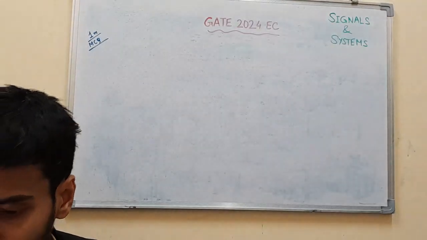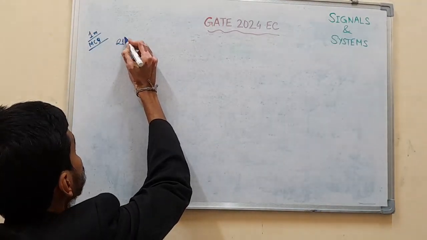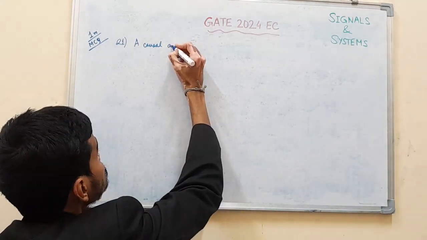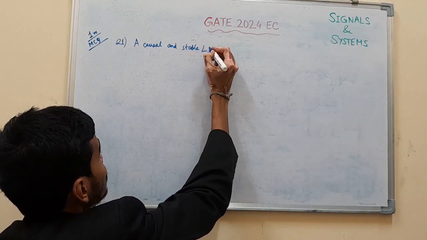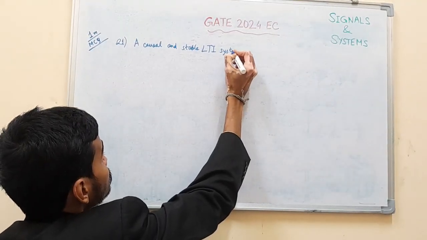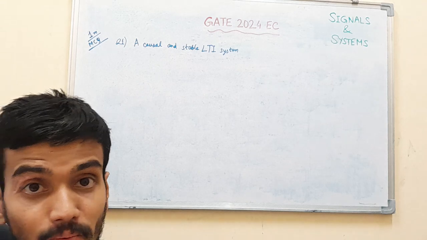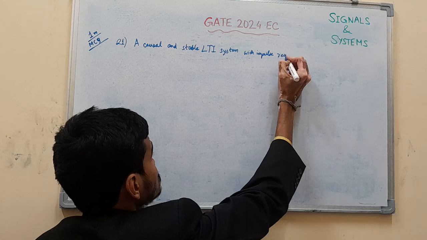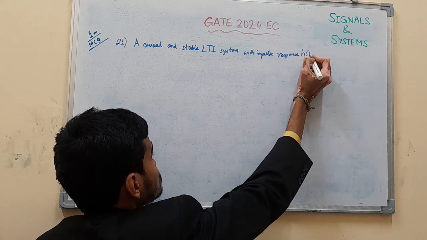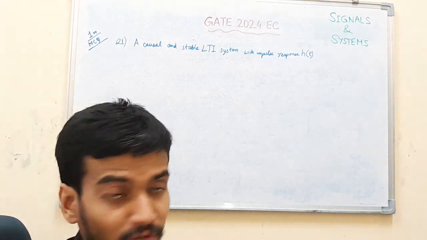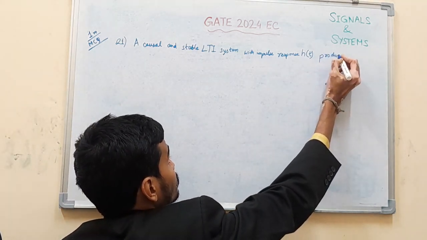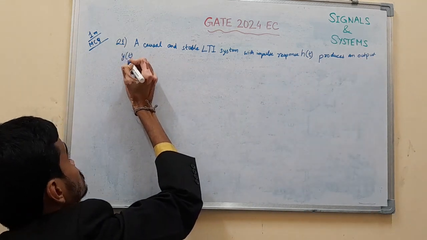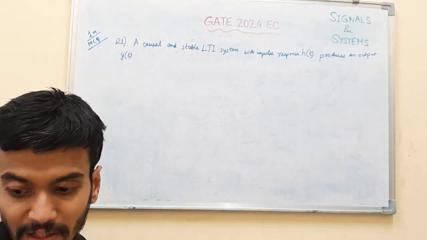It is given a causal and stable LTI system with impulse response h of t produces an output y of t for an input x of t.